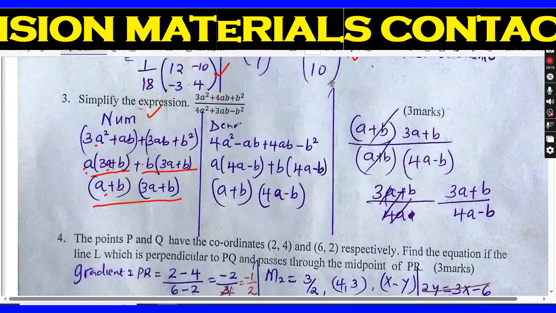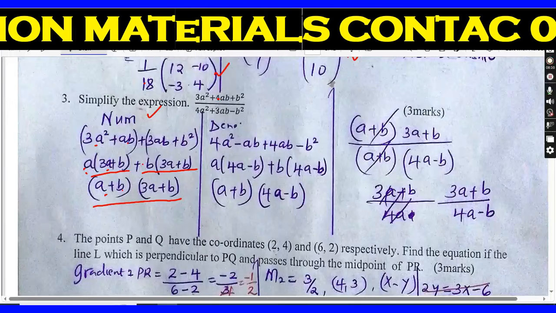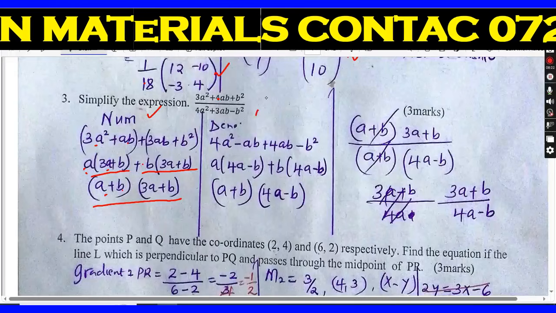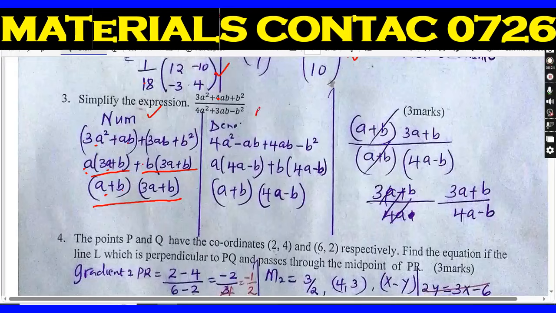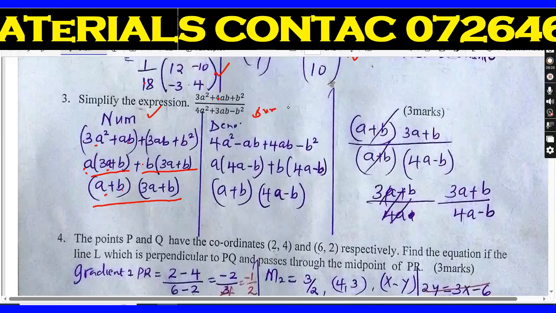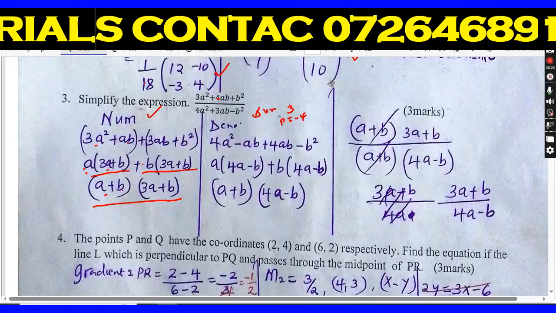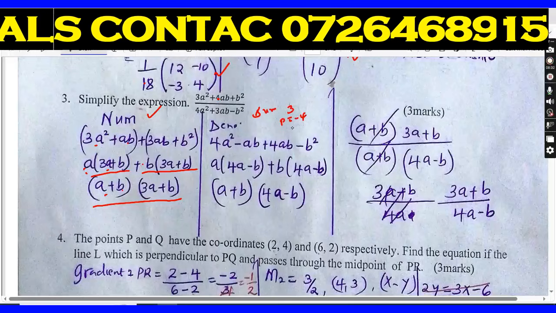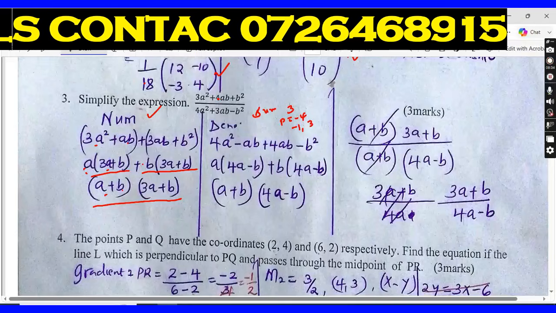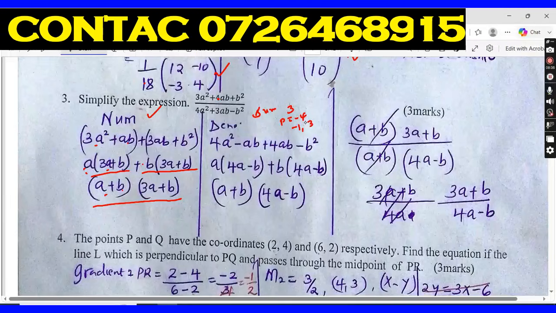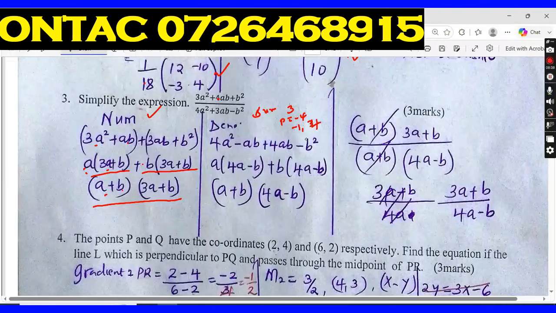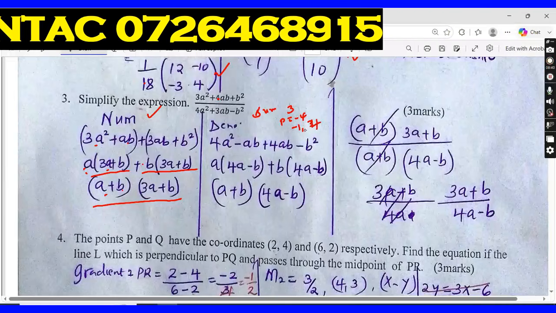Come to the denominator. In the denominator we have the sum as 3 and the product as negative 4. So the factors will be negative 1 and 4. Negative 1 plus 4, the answer is 3.